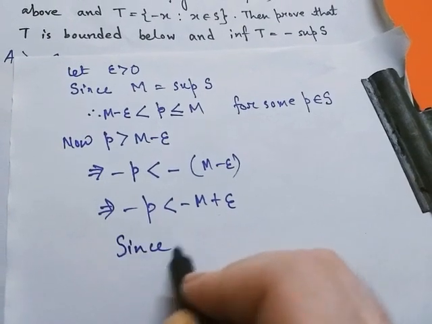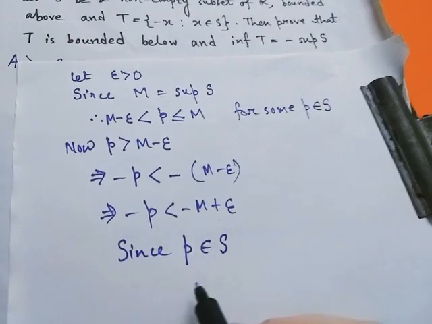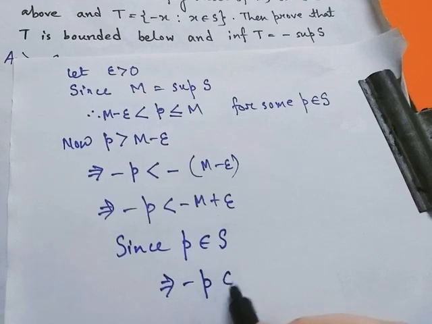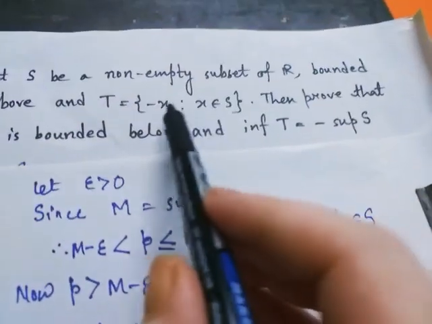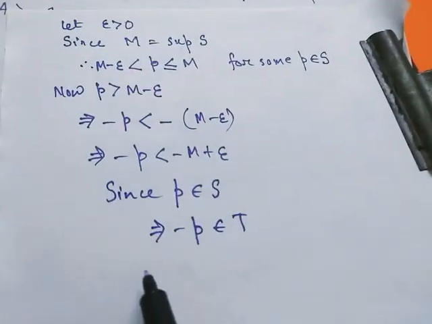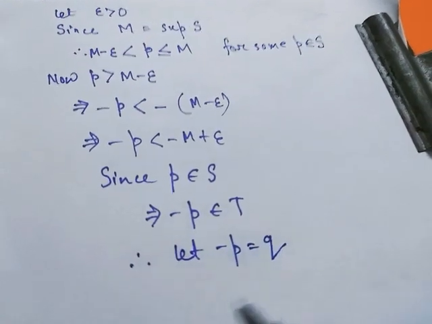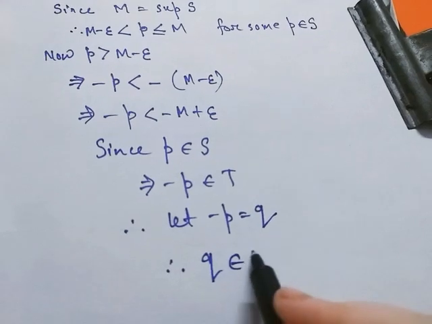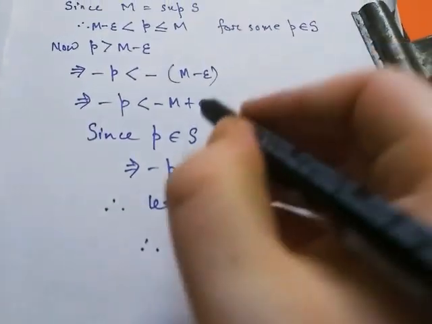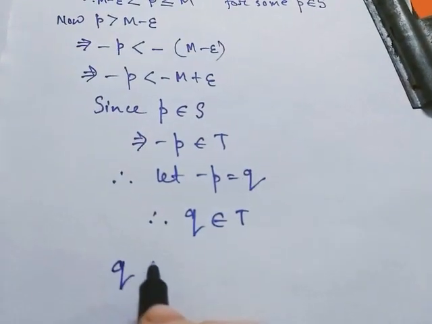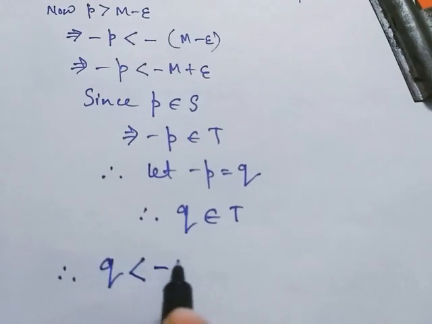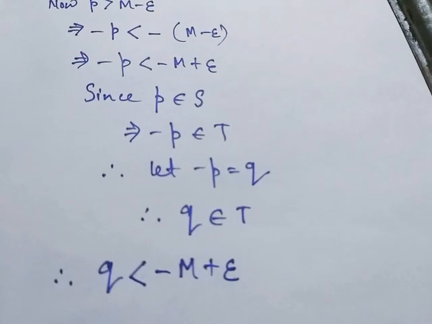Since P belongs to S implies minus P belongs to T, let minus P equal Q. Therefore Q belongs to T. Therefore we get from here Q is less than minus M plus epsilon.